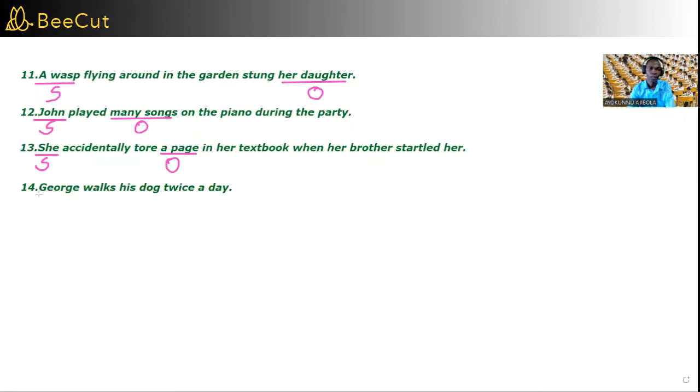Like we said, the subject is the one that does something in the sentence, while what receives the action is the object, and that was his dog. So George here is the subject, while his dog is the object.